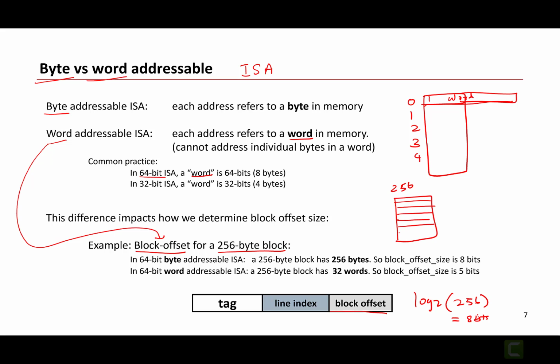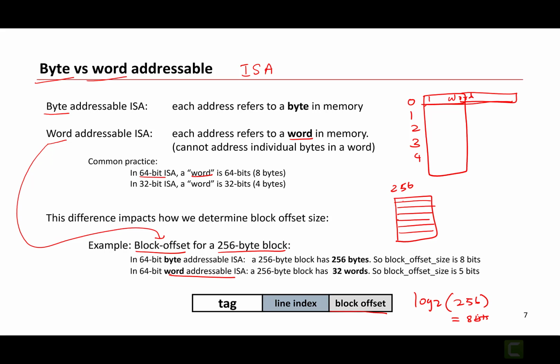Meaning, if it is a byte addressable ISA, that assumption is a valid assumption. However, if your ISA is word addressable, then you have to remember that I can only address memory locations in chunks of a word. I cannot address individual bytes within a word. So therefore each address refers to one word in a cache block.